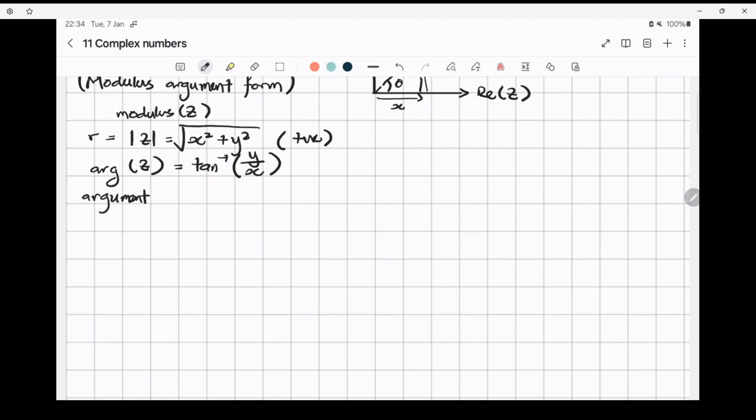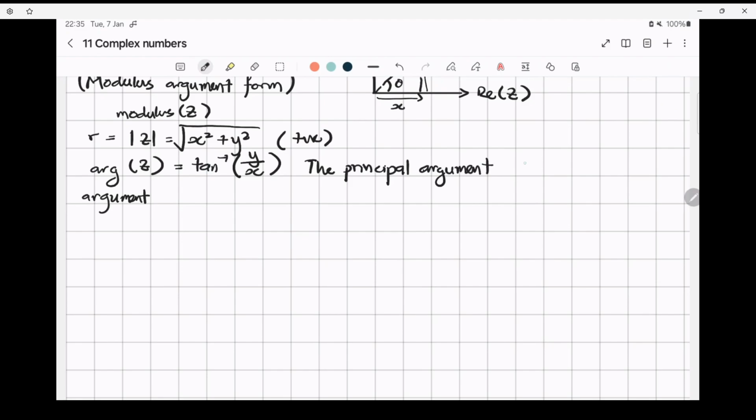But because angles, if you consider 2 pi radians, you can have several angles that map to the same argument, what we do here is to fix what we call the principal argument.